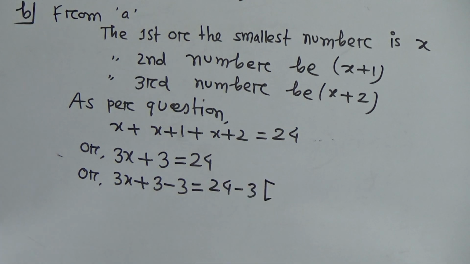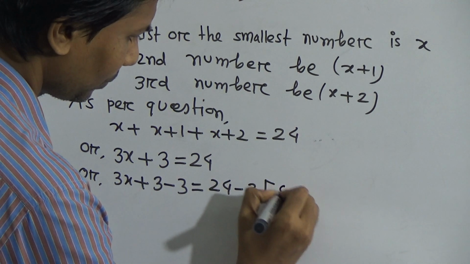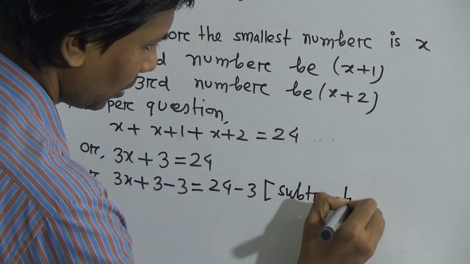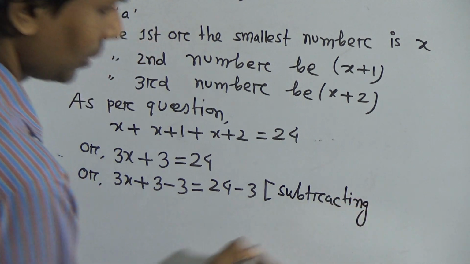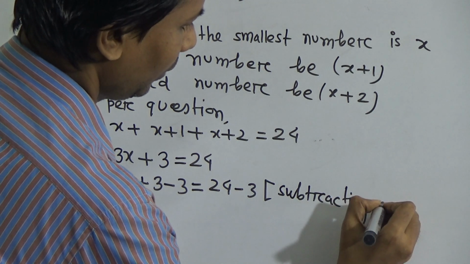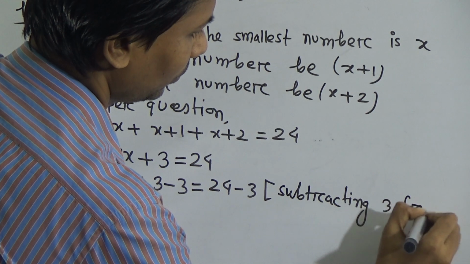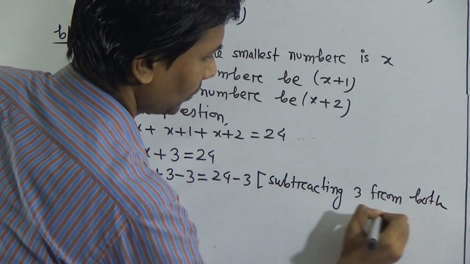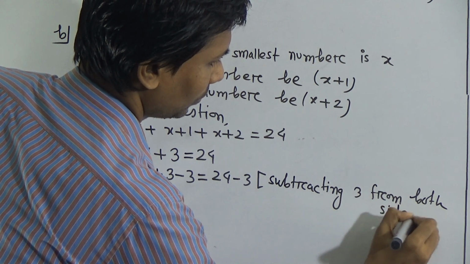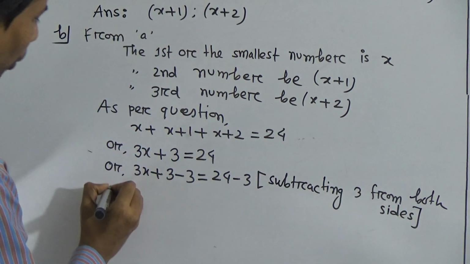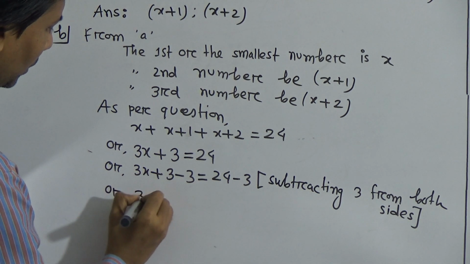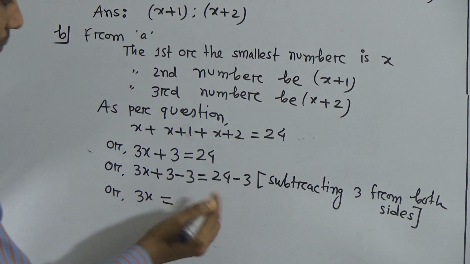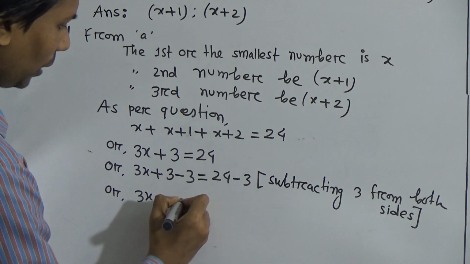You write here, subtracting 3 from both sides. Then 3x equals 3 minus 3, then 0. 24 minus 3, this is equal to what?